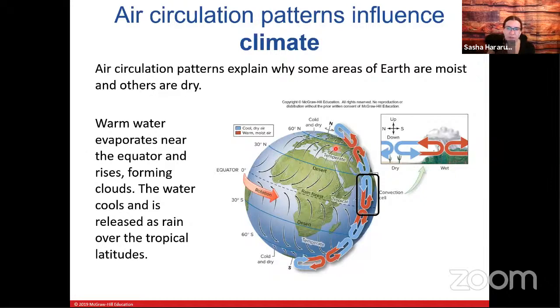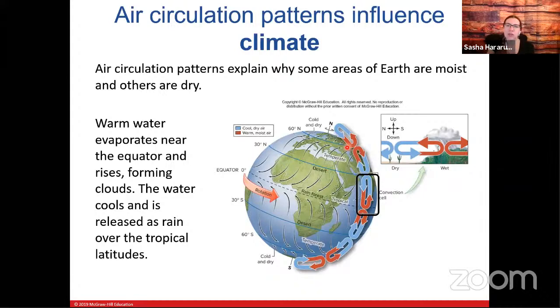Water evaporates from the land surface, and evaporation from the plants is called transpiration. The process of evaporation and transpiration is often referred to as evapotranspiration. So there's a lot of evapotranspiration going on in the temperate regions, and the warm air rises, moisture condenses, and rainfall falls back into temperate regions.